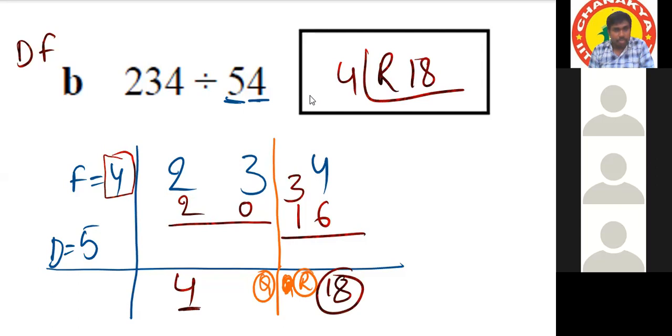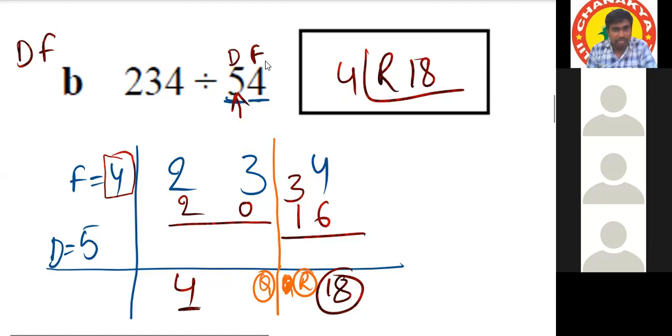Sir, the flag should be multiplied with the units digit. Yes, units digit. We are representing it as a flag, and the tens place we are taking as the divisor. Mainly we'll deal with the divisor only.